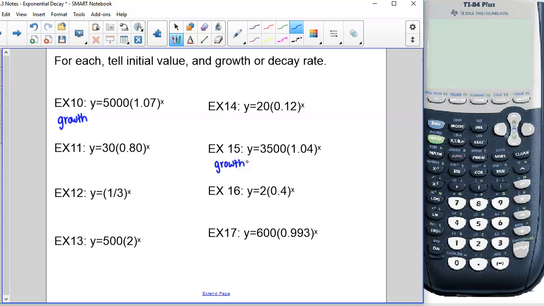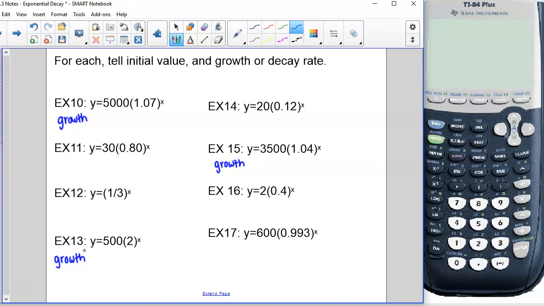All right, Adam, another growth. There's only one left. It is 13, good. Those are the only ones that are growth, I think. The rest of them are decay.